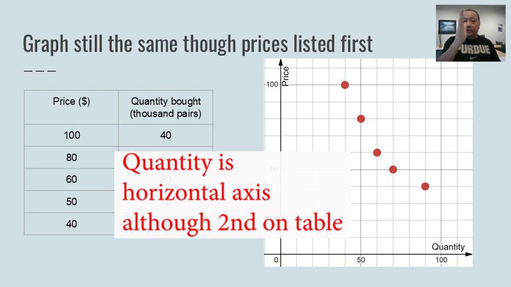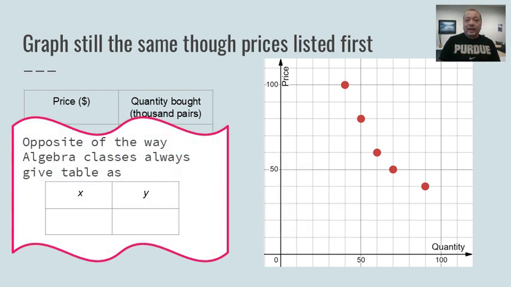Price is the vertical axis, but is often given first. That is opposite of the way algebra classes are. In algebra, you're always given a table with x first and y second. This is important, so I'm going to stay on this slide for a little bit to make sure this sinks in, or for you to take notes.